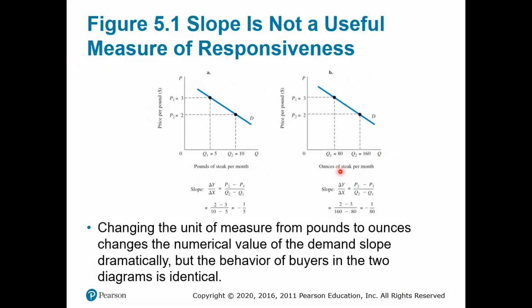So there's 16 ounces in the pound, so 10 times 16 is 160, 5 times 16 is 80. So these two graphs are exactly the same. They convey exactly the same information. However, look, the slopes come out to be two totally different numbers. This is a problem.